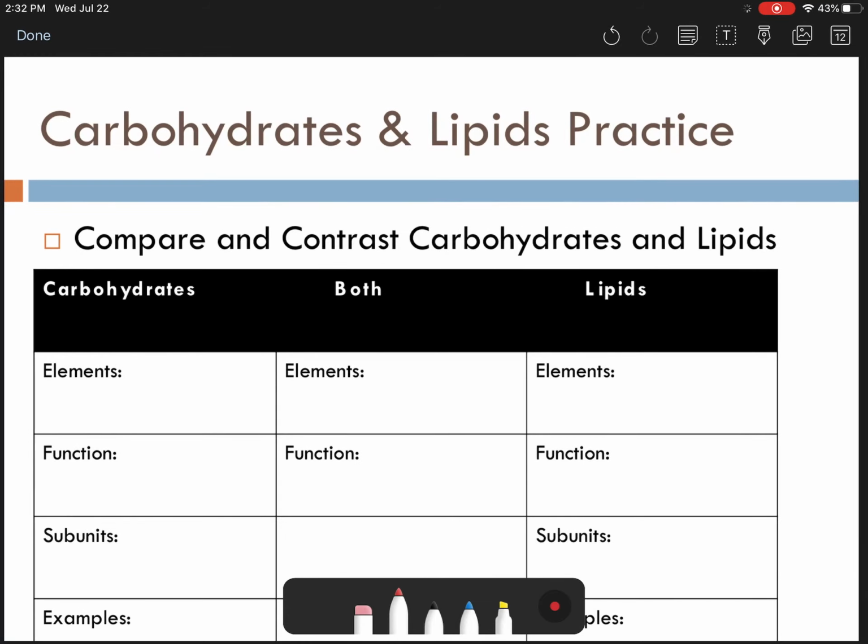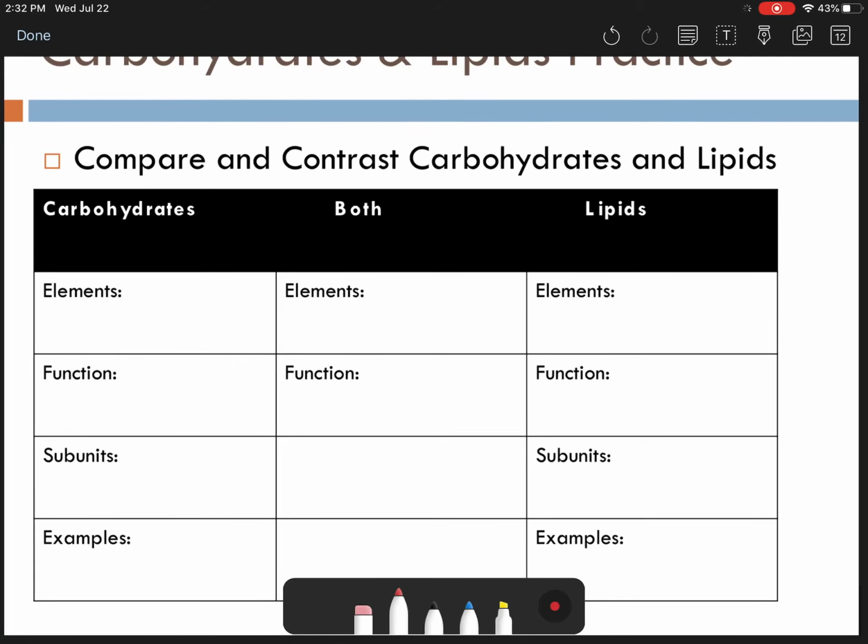So let's do a little bit of practice here comparing and contrasting carbohydrates and lipids. Remember, if we're going to compare something, that is how it's the same. If we're contrasting, we're trying to look at how it's different. If we look at the elements, what were you supposed to remember for both carbohydrates and lipids? CHO, CHO, CHO.